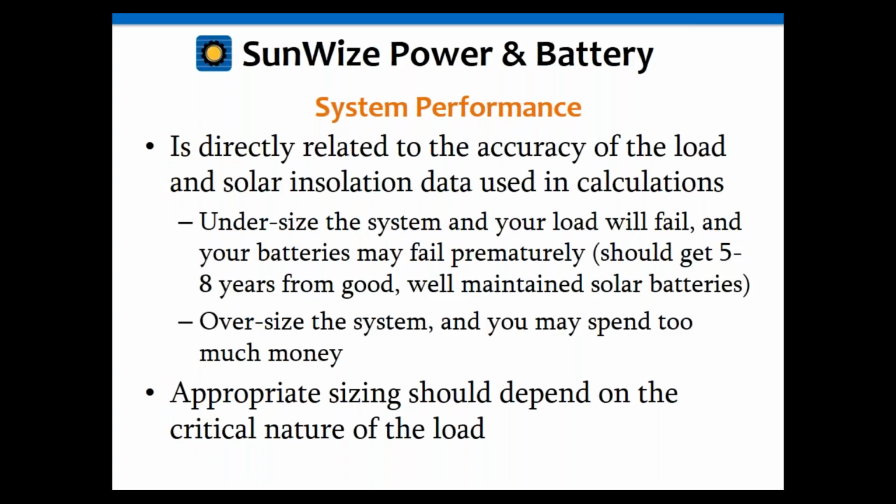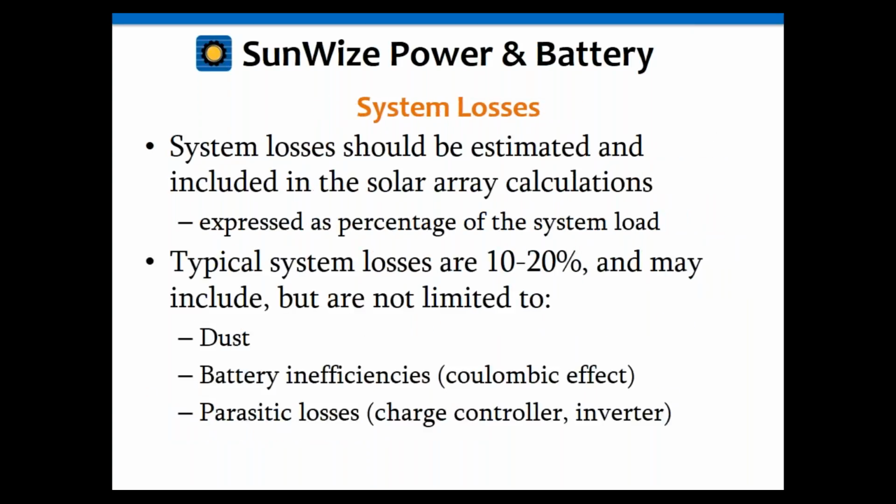So again, you want to try to be as accurate as you can while still being conservative in the numbers, and that should get you a good performing system at a reasonable cost. Some of that may actually have to do with the critical nature of the load, and I'll talk about that again too. IEEE does talk about using different numbers depending upon how important the load is.